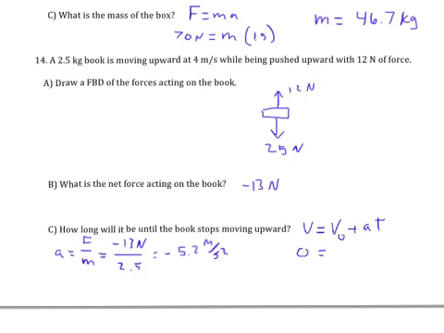V initial is 4 in the positive direction, plus the acceleration, negative 5.2, and I want to solve that for time. So time equals negative 4 divided by negative 5.2. Therefore the time is going to equal 0.77 seconds.